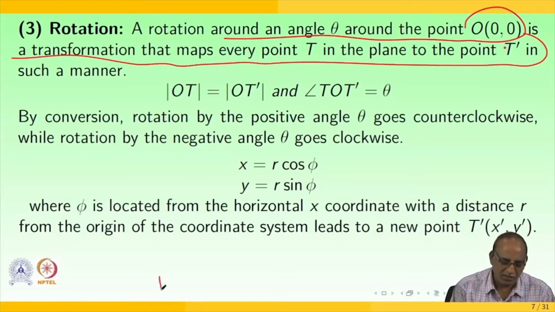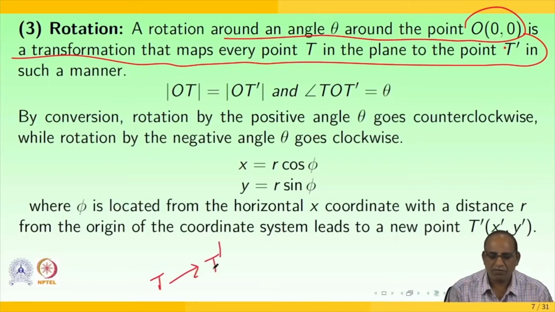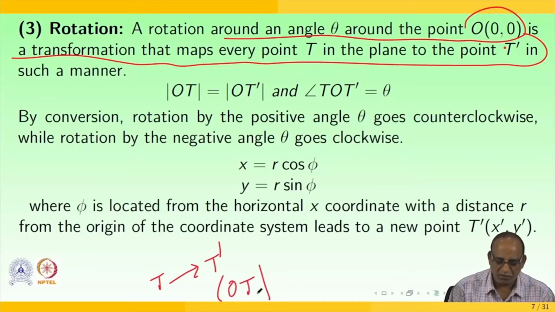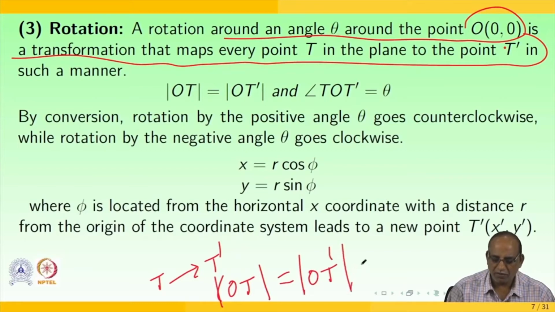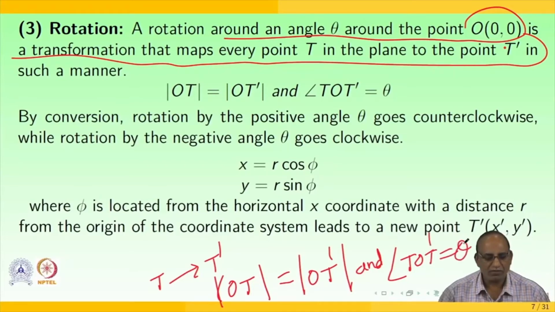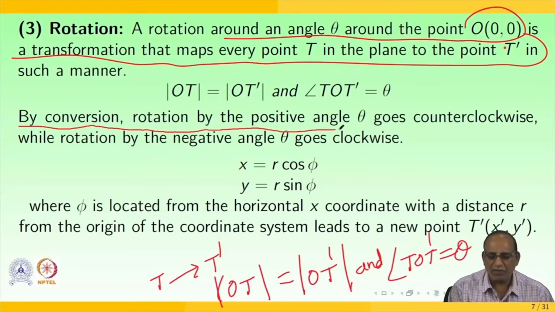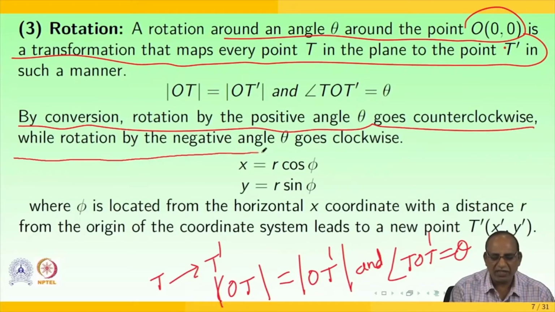That means the absolute value of OT is equal to OT prime, and the angle TOT prime is equal to theta. By convention, a rotation by the positive angle theta goes counterclockwise, while rotation by the negative angle theta goes clockwise.